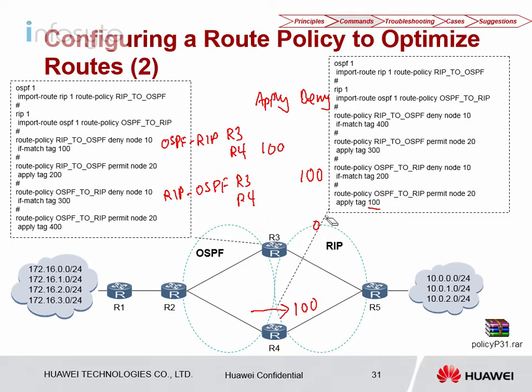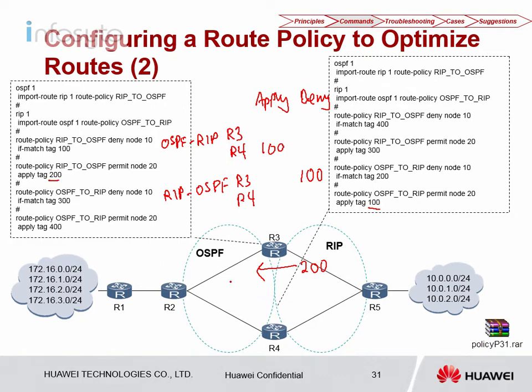So now, assuming that we are going to do another one. Let's do applying the tag from RIP to OSPF from R3. So RIP into the OSPF, I'm going to use a 200 in R3. So as you can see, I'm applying a 200.